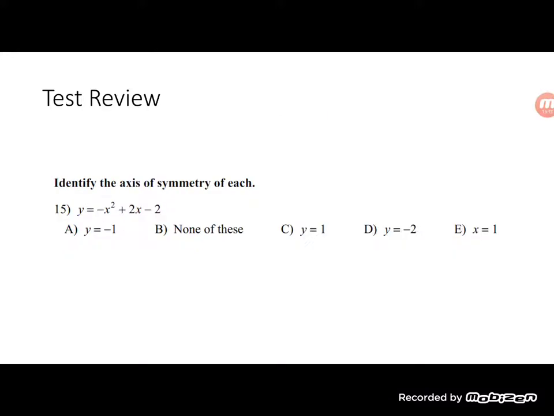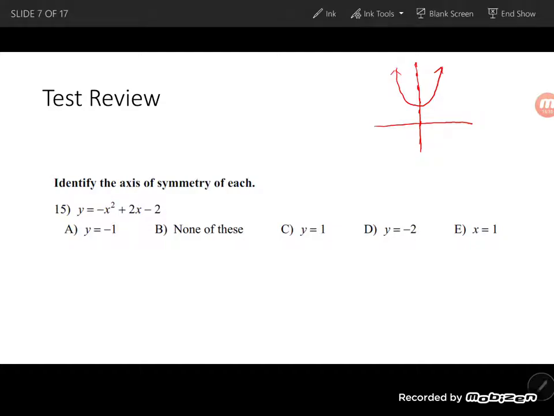Alright, so axis of symmetry. Like we talked about, axis of symmetry is always going to have a very special relationship with the vertex. So I'm sketching a parabola so we can think about an axis of symmetry. Let's move it off of there so it'd be a little bit easier to see.